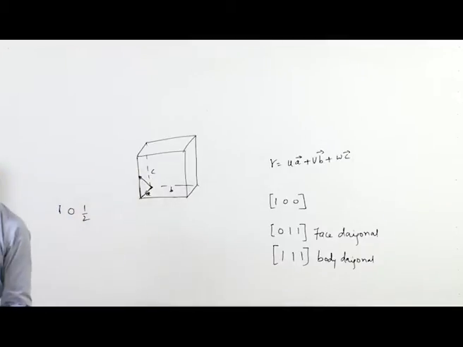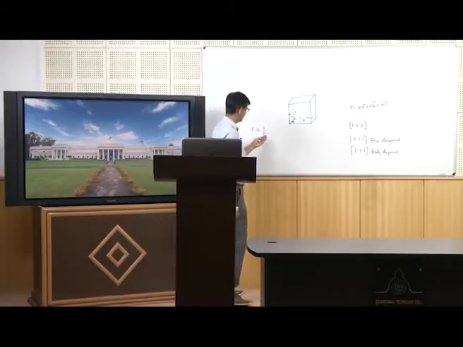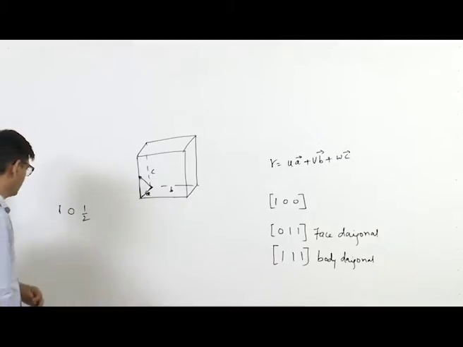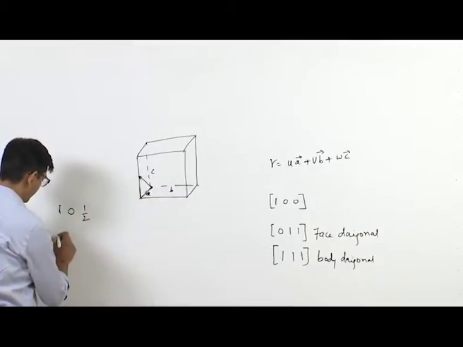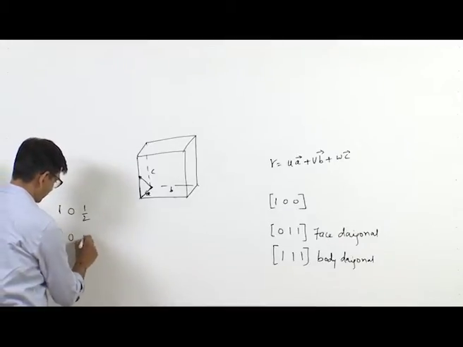Now, this is a fraction, and as I told you we do not like fractions, I want to have integers here. The common factor here is 2. If I multiply it by 2, then I can get rid of this fraction. So, I will multiply the whole thing by 2, so it will be 2, 0 will remain 0, and this will become 1.